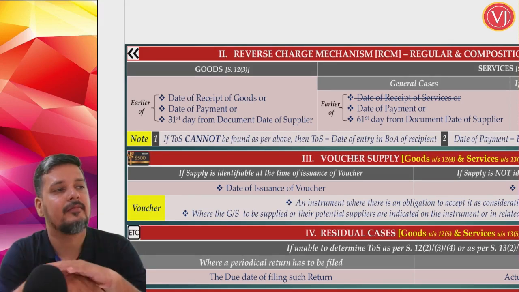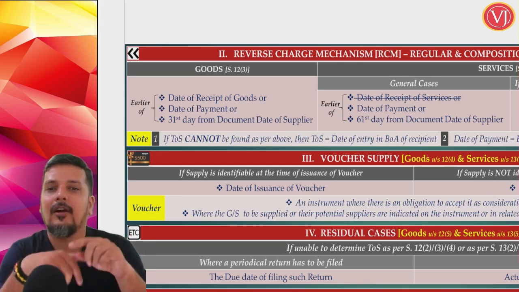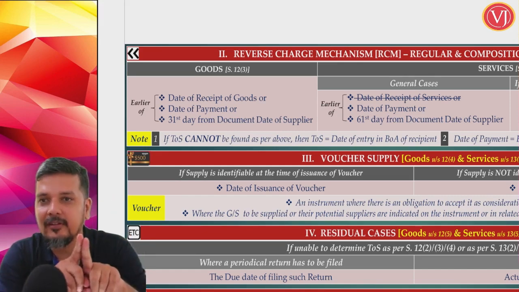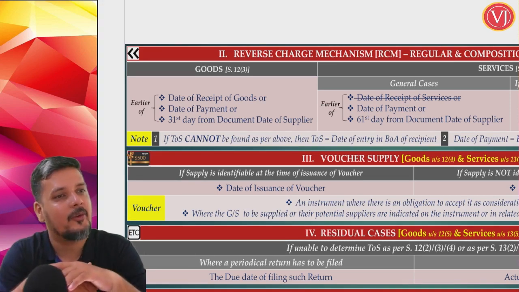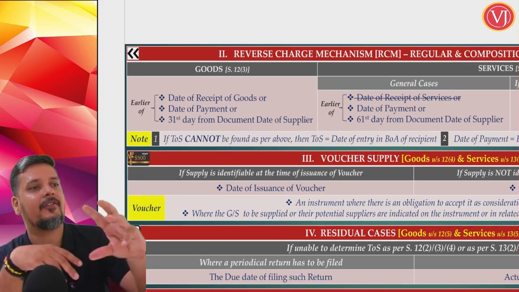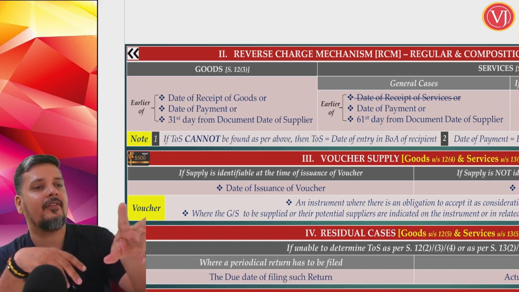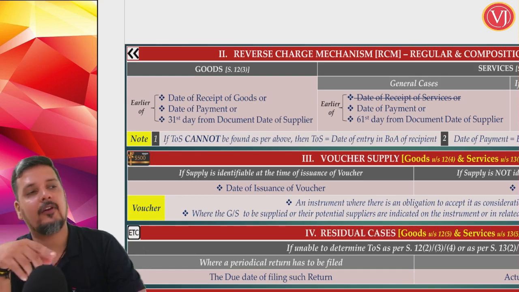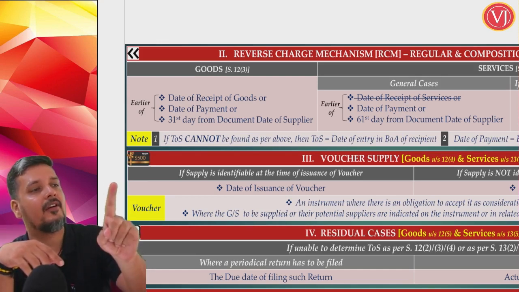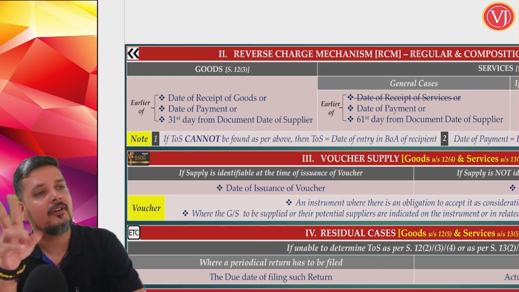Regular scheme and composition scheme. For service sector, 1. It is your ulta for RCM. For goods, there is only one situation. For service, there are 2. Time of supply FCM, goods have 2 scenarios and service has got 1 scenario. Time of supply RCM, goods have 1 scenario, service have got 2 scenarios.